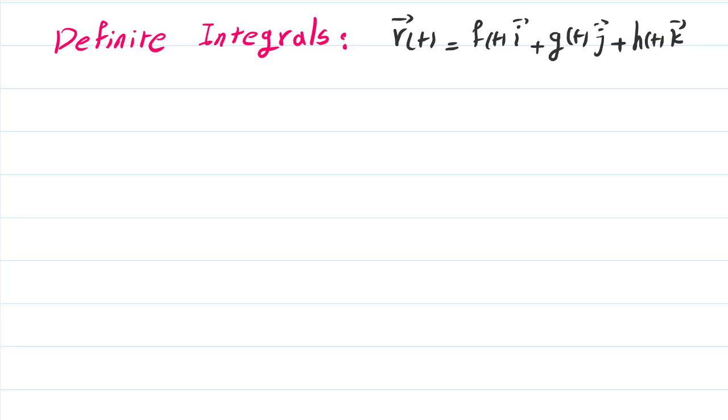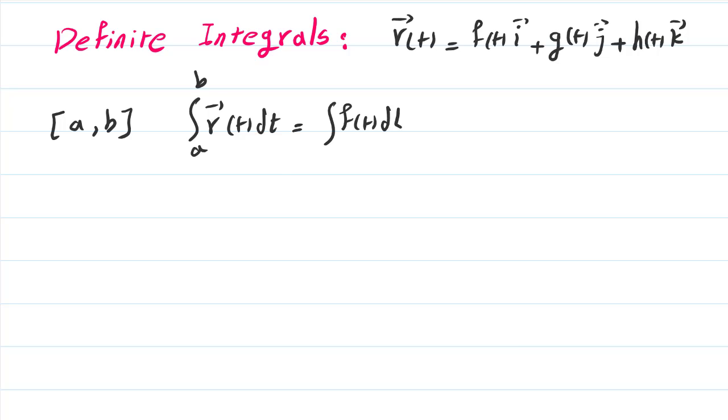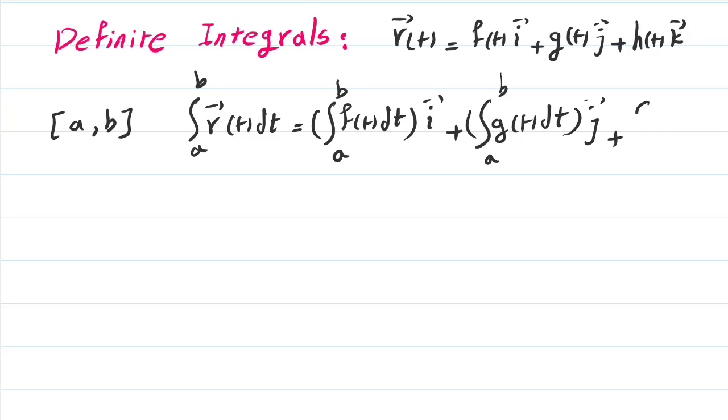If the components of r are integrable over the closed interval like this, so the integral of r is definable from a to b and is equal to the integral of f of t with respect to the t from a to b i plus integral of g of t dt from a to b j plus integral of h of t dt k from a to b.